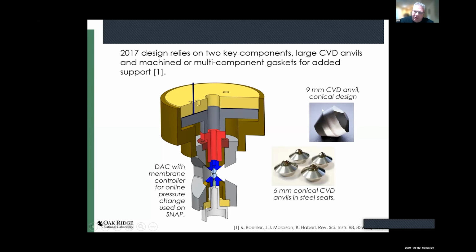Everything has to be perfect. All the angles have to be perfect, or else the diamond breaks. And these seats then go into the cell, and then the neutron beam. So this cell is then flipped on its side. The neutron beam comes in here through a collimator that typically collimates the beam down to about 400 to 500 microns.